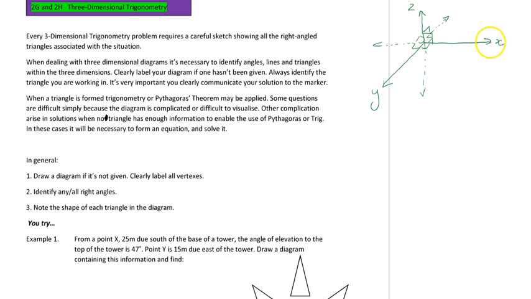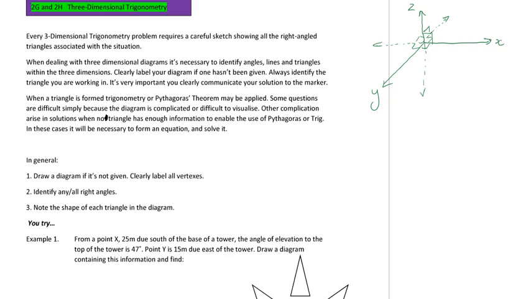Many of the questions lend themselves very nicely to this 3-dimensional representation, because they're often talking about a tower or a tree or a building that is obviously coming up out of the ground. So that's 1 dimension from the ground up, and then on the ground we have 2 dimensions that meet at 90 degrees.